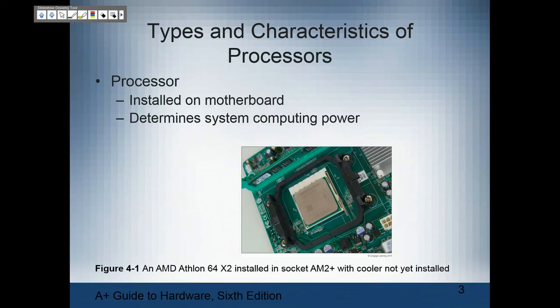So this one, types and characteristics of processors. Processors are installed on the motherboard, we know that. And this is a good picture in that it shows the size of the processor as compared to the huge cooler fan. Cooler seems to be the popular term for the fan that goes on top of this thing, because we have this not real big piece of silicon with this huge fan and heat sink on top of it to carry the heat away.